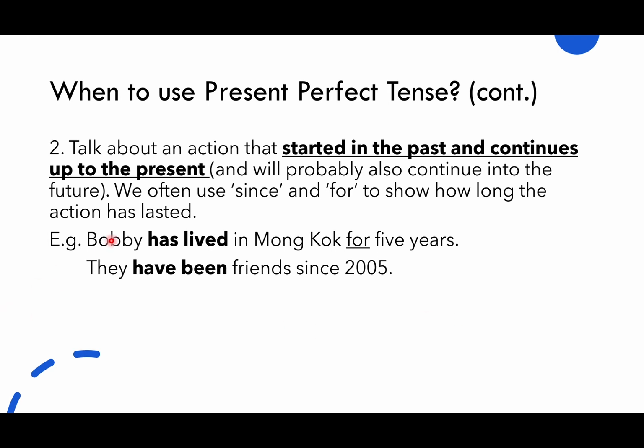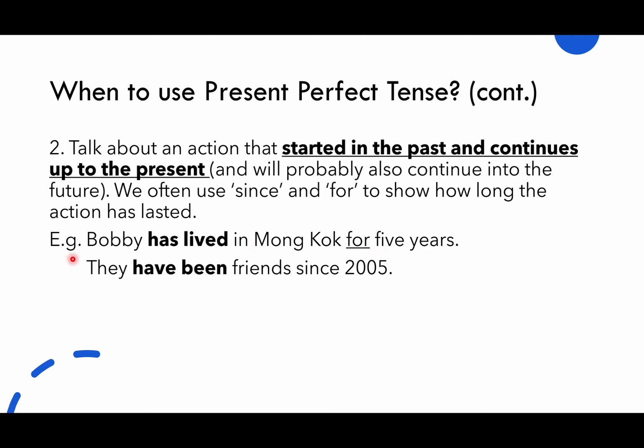Now, Bobby has lived in Mongkok for 5 years. They have been friends since 2005. Now, the time word for is used here for 5 years. That means he started living there 5 years ago and has lived there until now, or probably in the future.